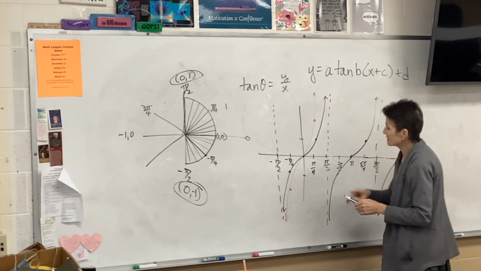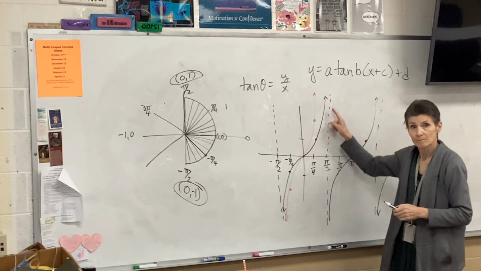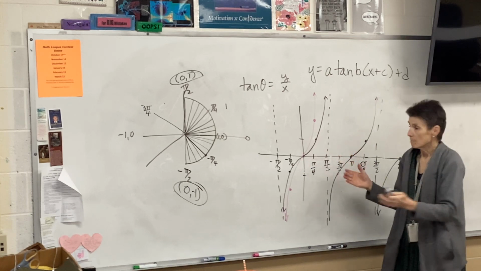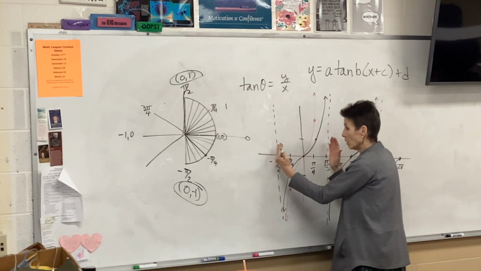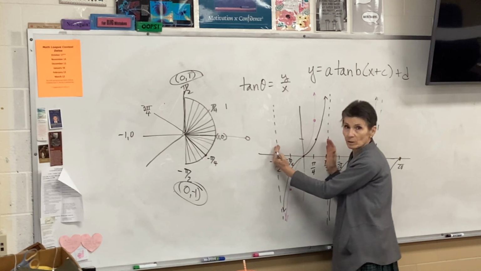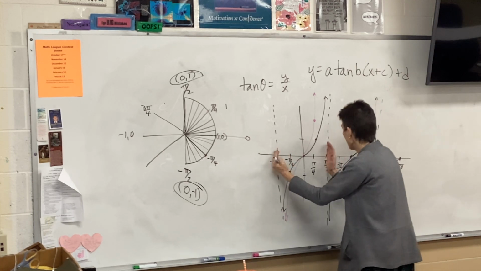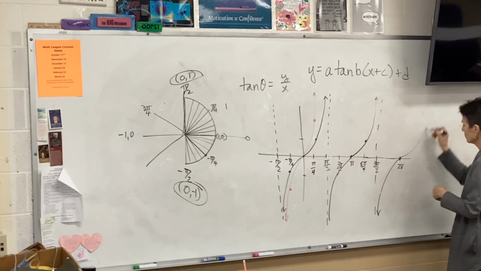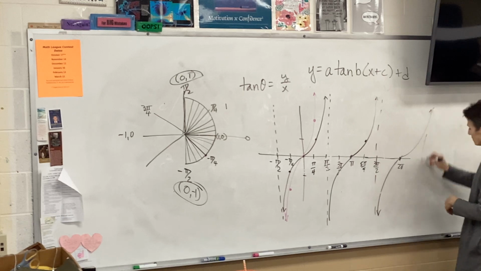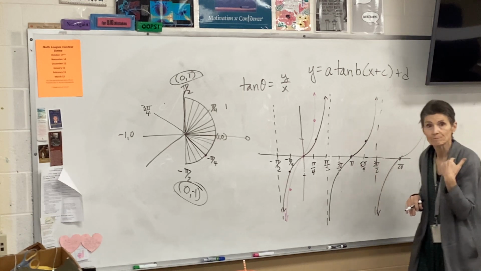So isn't this right here a period? Because isn't that a full cycle? Once I've drawn this, haven't I really drawn my curve? Because everything else is just going to be a repeat of that. On and on and on and on.